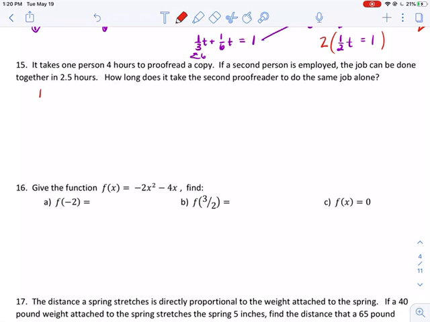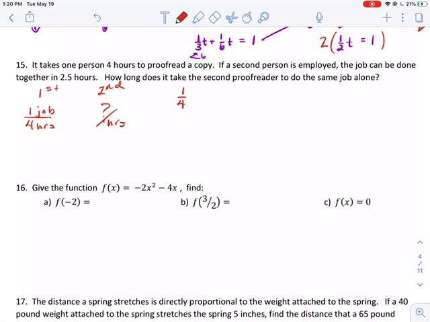So the first person's rate, here's the first person. He does one job per 4 hours. And the second person, you don't know his rate, but we're going to put it in the same unit. We don't know how many, but we know that the time working together to finish the one job is 2.5.